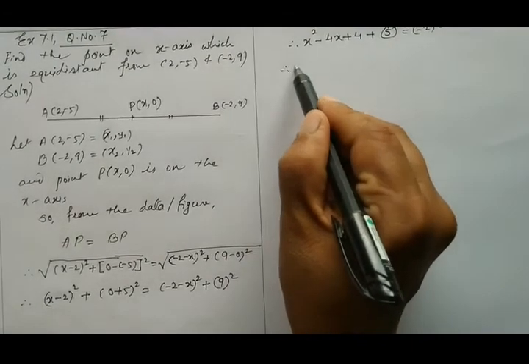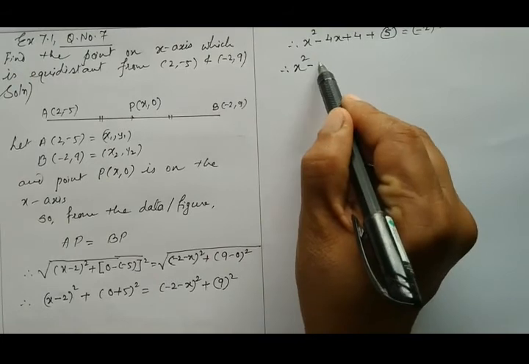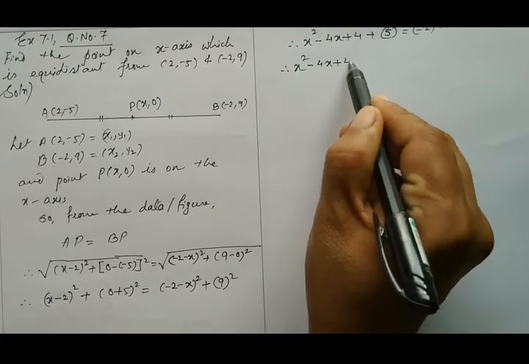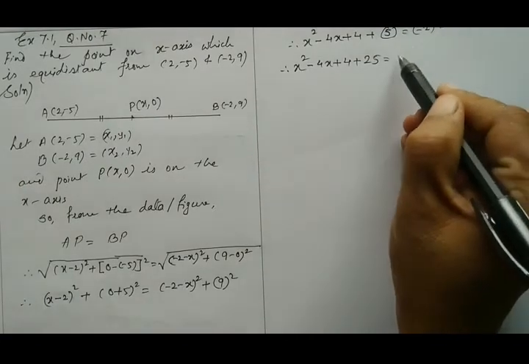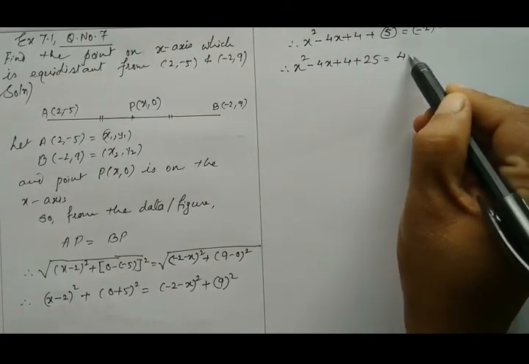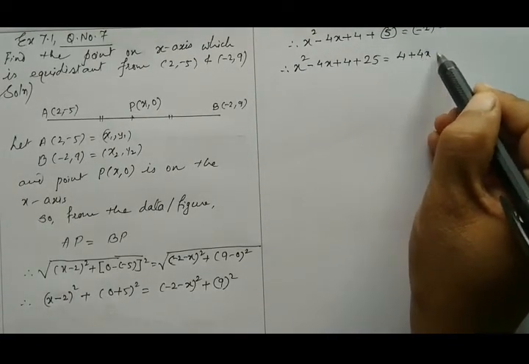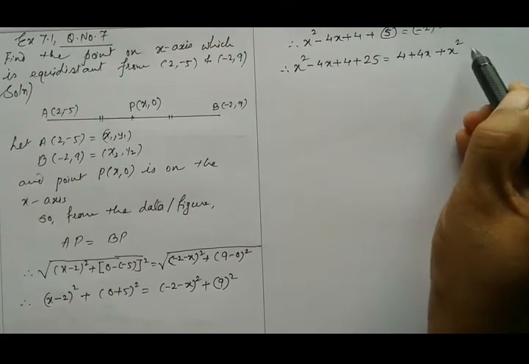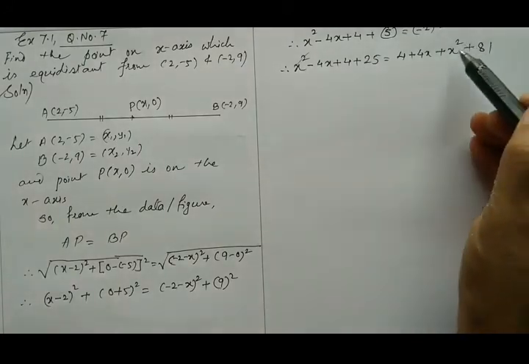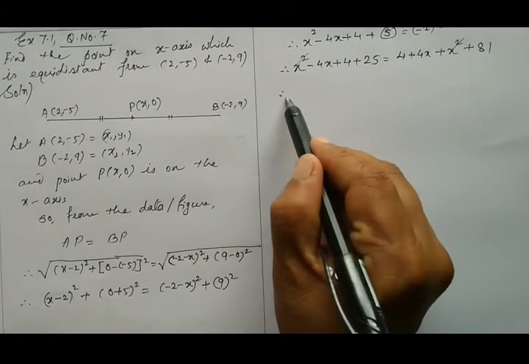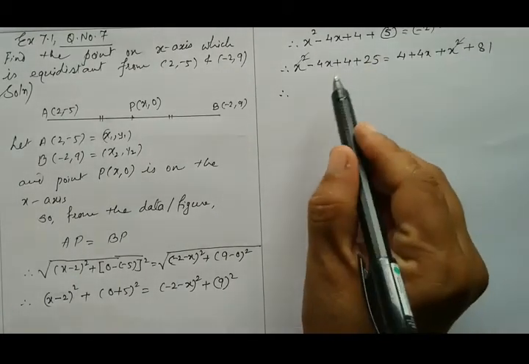Okay, so therefore x square minus 4x plus 4, 5 square is 25, minus 2 square is plus 4, minus 4x plus x square plus 81. So x square on both the sides vanishes.